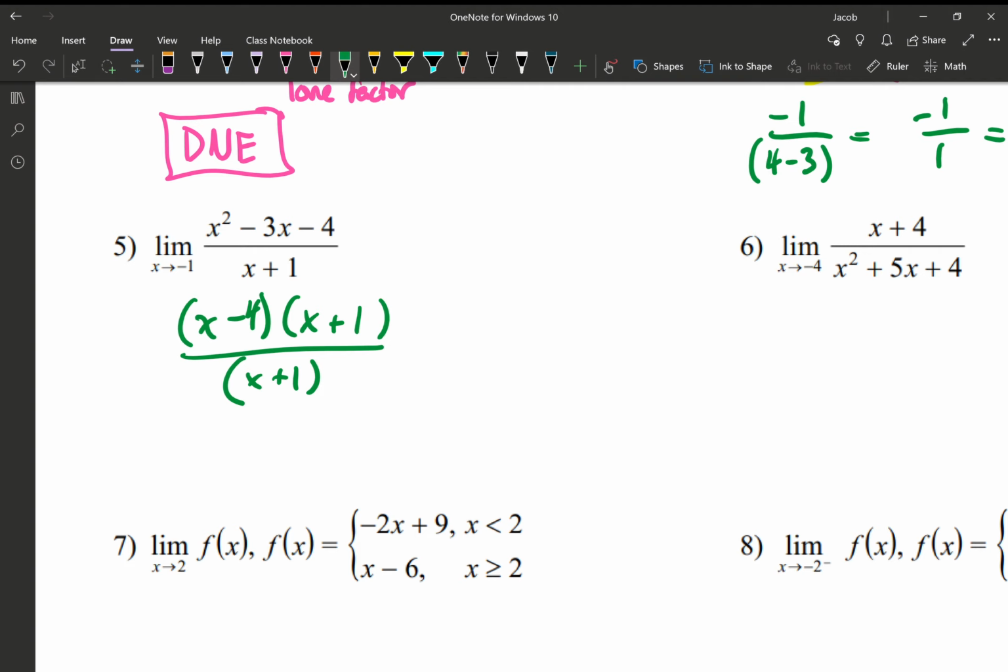But thankfully it matches. So we have a hole. Those can be removed, and I'll evaluate. So this is x is -1 minus 4. I've got -5.